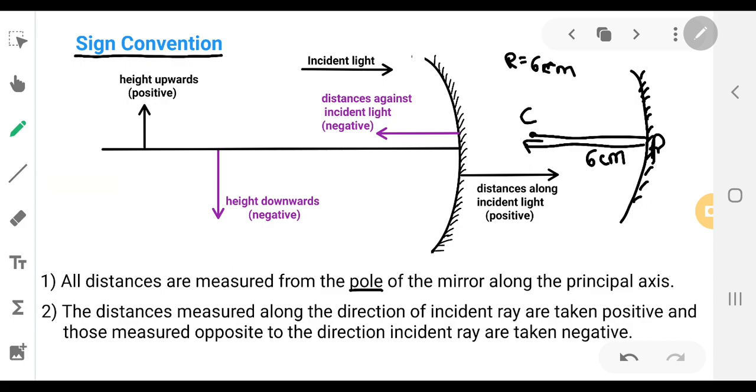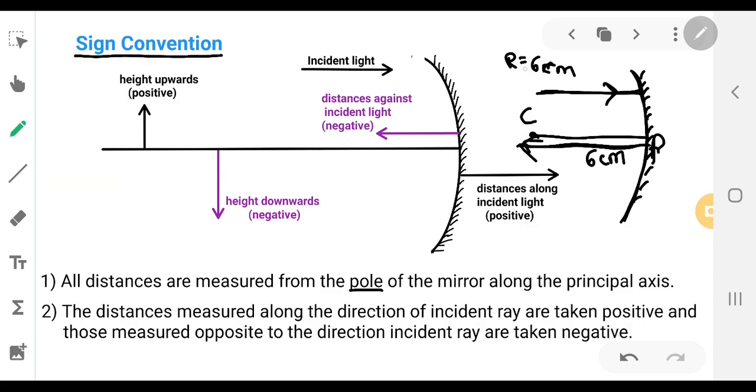What about the sign convention? What is the direction of the incident ray? Obviously, like this, the ray has to be incident on the mirror as it is a concave mirror. This is the direction of the incident ray. Now look at the direction of the measurement, opposite to the incident ray.